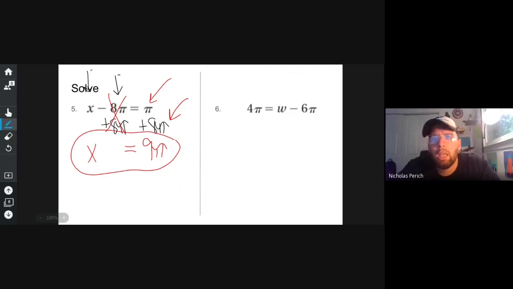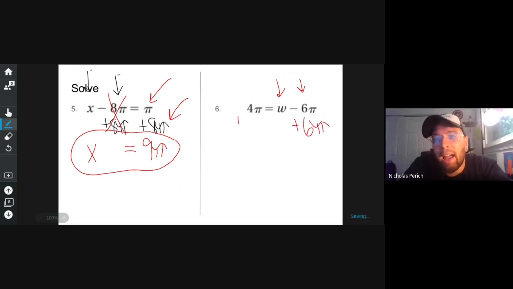Easy. Is W all by itself? No. What's in the way? Negative 6 pi. How do I get rid of negative 6 pi? You do the opposite, which is add 6 pi. Cross that out. On the left, I have 4 pi plus 6 pi. In other words, 4 pi's plus 6 pi's. What do you get? You get a fun party that I wish I was invited to, and you get 10 pi.